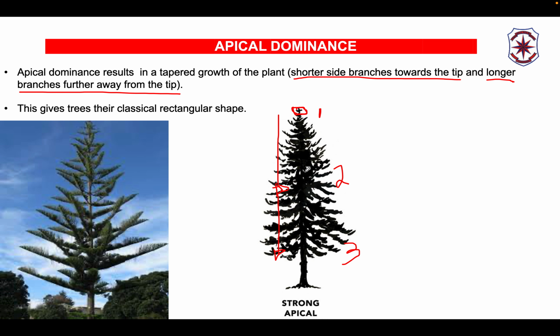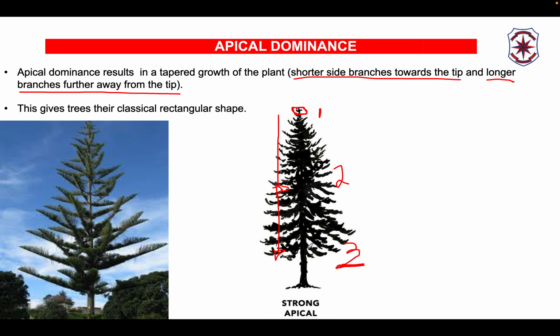Therefore, the lateral branches will be formed by the lateral buds. And in region 3, closer to the base of the stem, that's where we have the least auxins. That's why we see the most development of lateral branches.